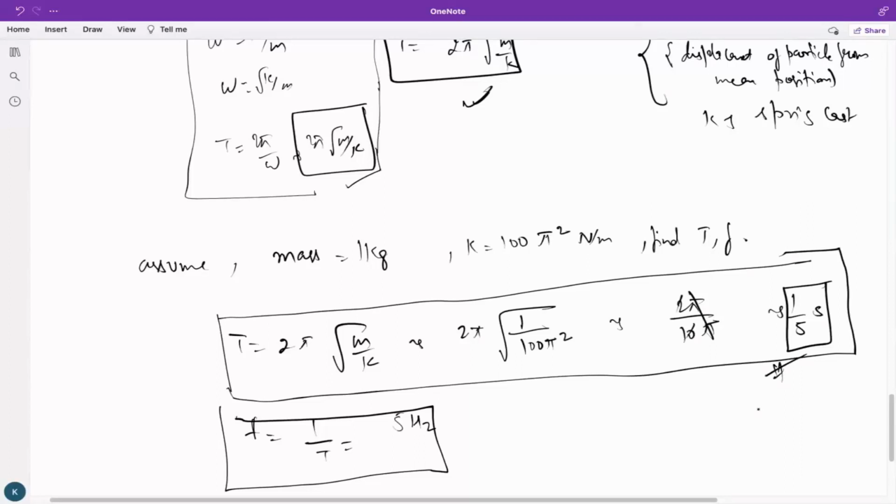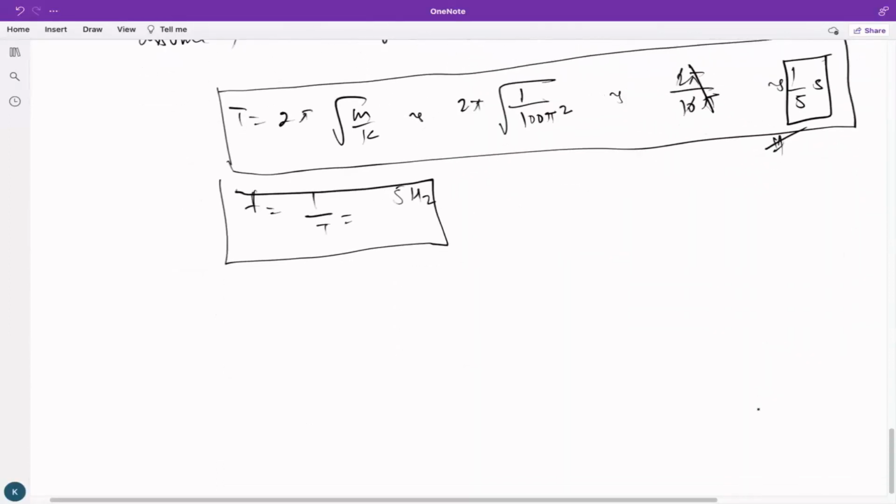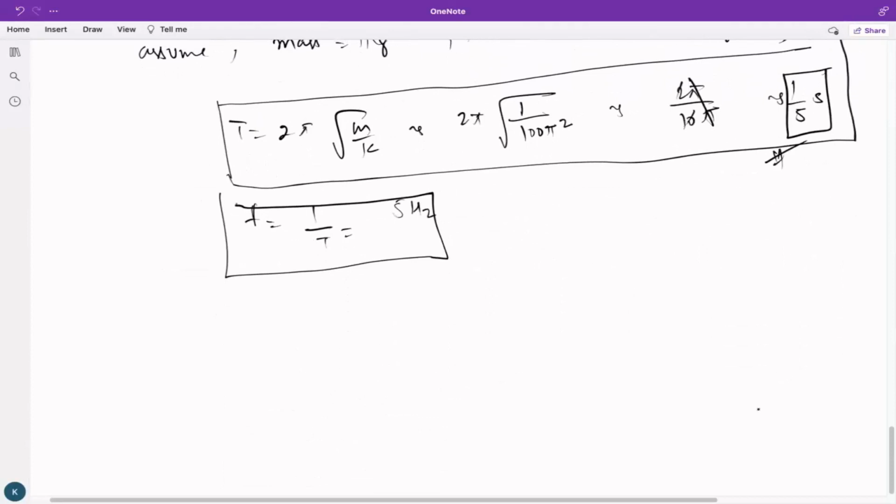Now let's take another case in which a force is acting. Same system, but we just change something here. In the previous problem, we were not considering any force initially, but this time we are. Let me write it here.